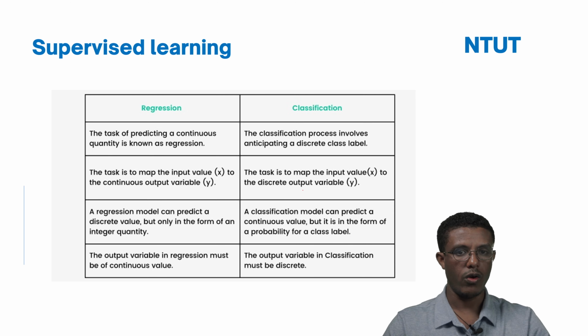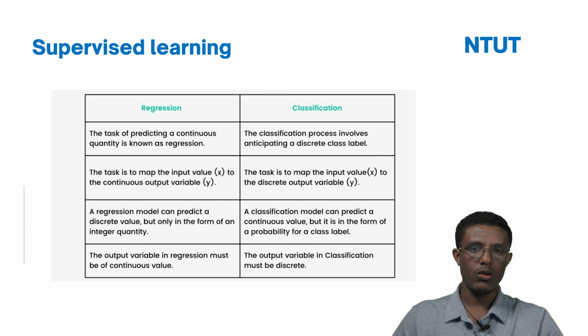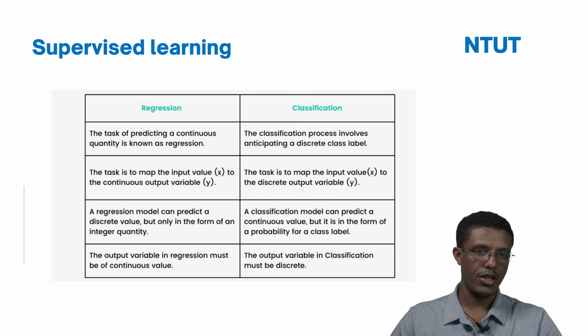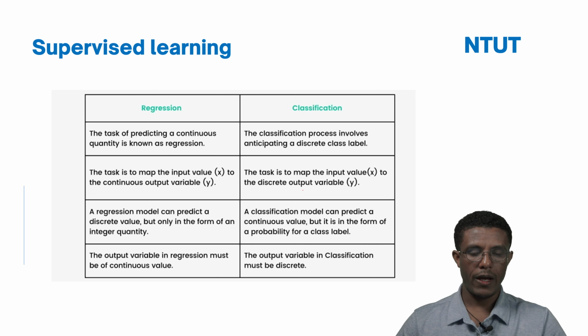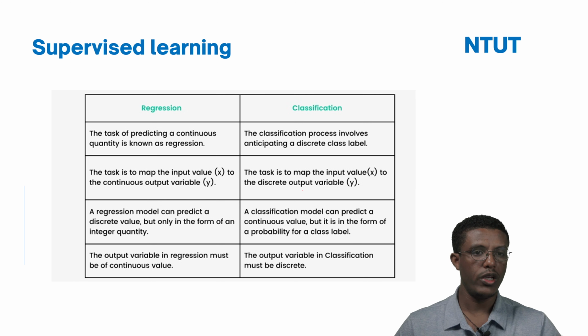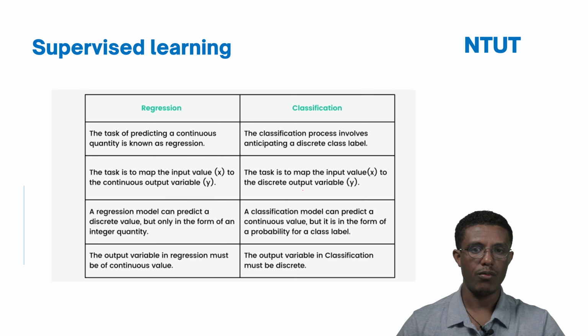I think we already mentioned this one. When we say regression, the task is predicting a continuous quantity, whereas a classification process involves anticipating a discrete class label. So that is just discrete. We know already that the outputs may be either 1 or 0, or male or female, like this type of output.